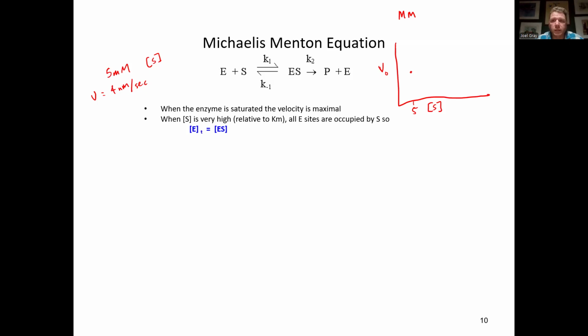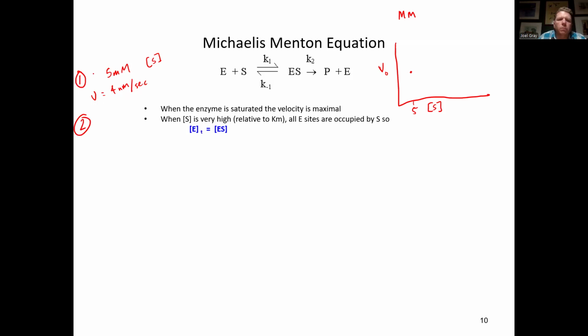It is a quantity per time interval. Now, enzymes can have vastly different velocities. Some might be 4 millimolar per second, or some might be 10 micromolar per hour. It varies. So this is effectively trial number 1.